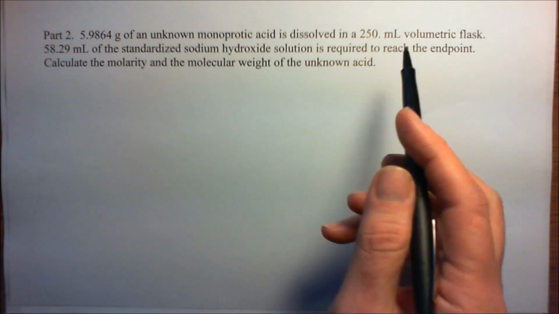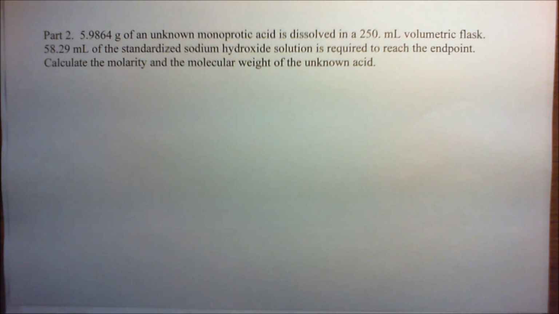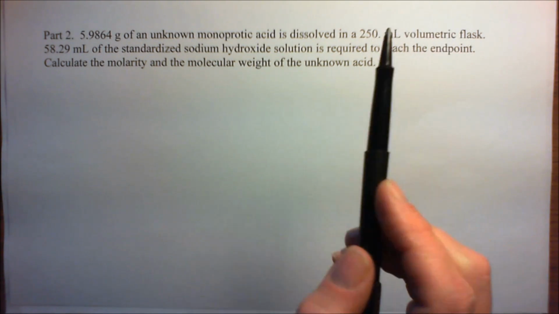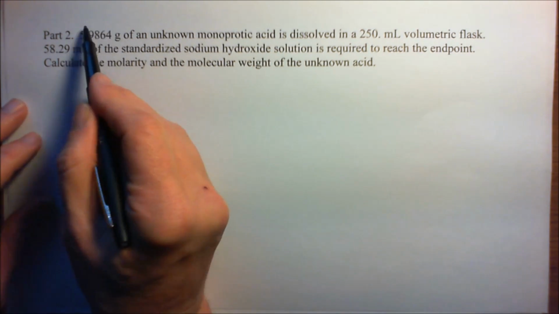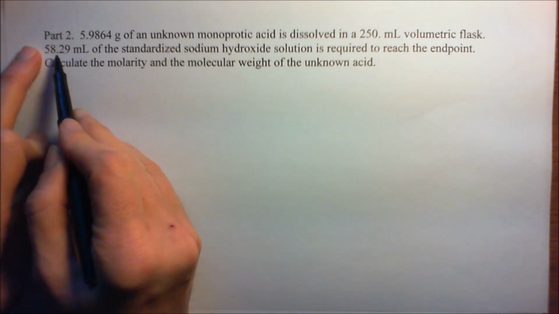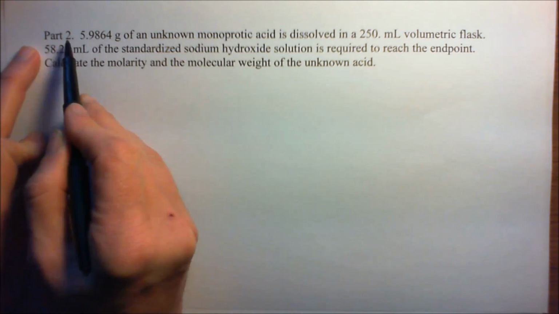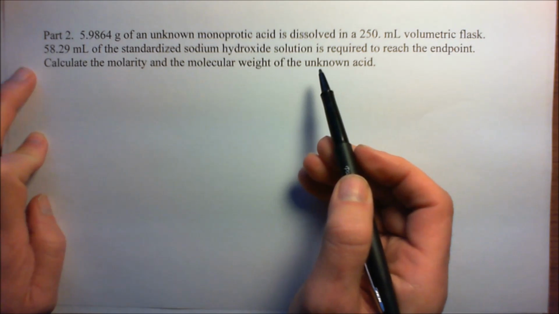And we use those moles to calculate the molarity and the molecular weight of the unknown acid, since we'll have grams per mole, which would be the molecular weight. So we don't worry about this until the very end. We actually calculate the moles of standardized sodium hydroxide solution that we used.